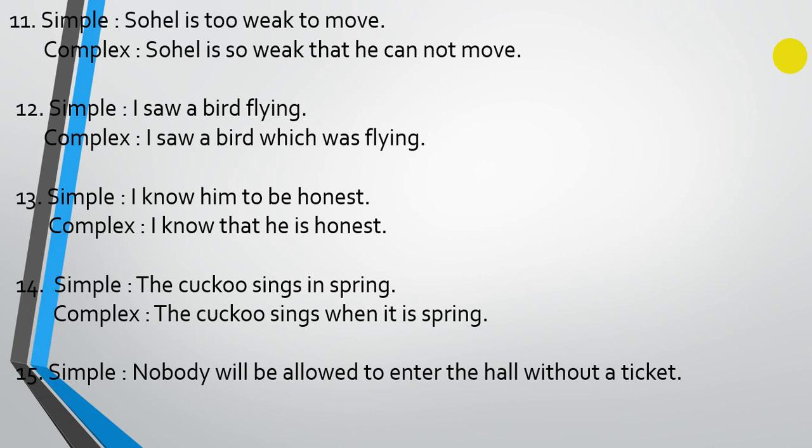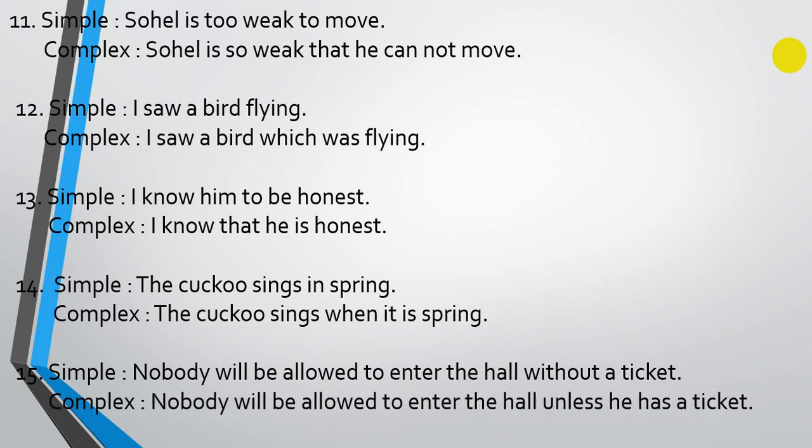Here we will bring a change in place of without plus gerund or without plus noun. We will write unless plus subject plus verb plus object, or unless plus subject plus negative form of verb plus object. Now the complex sentence will be: nobody will be allowed to enter the hall unless he has a ticket.